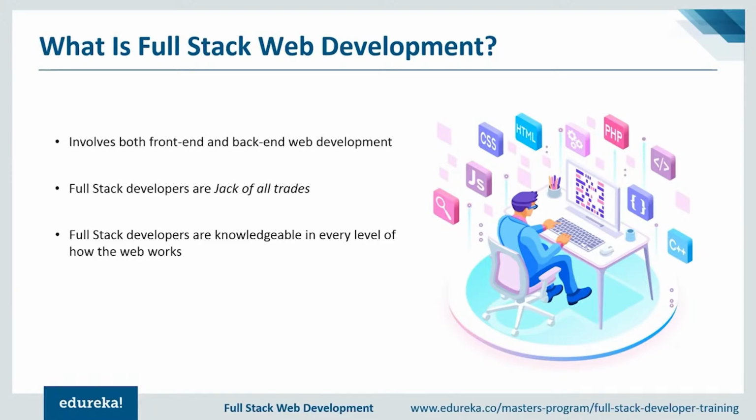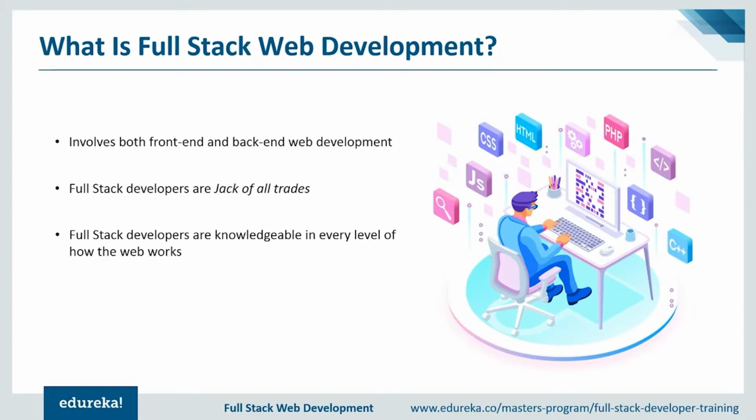It also requires high-level programming languages such as Java, Python, and so on to code the server side. Apart from this, you also require experience in working with JavaScript frameworks like Node.js and libraries such as jQuery and so on. Now, in the further slides, I'll be covering the different aspects of becoming a full-stack web developer in depth. So stay tuned.